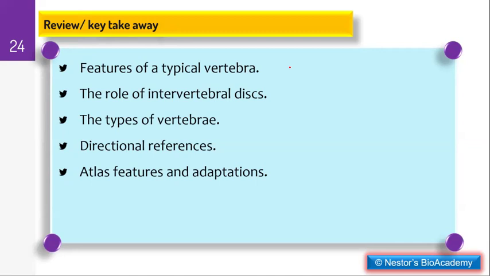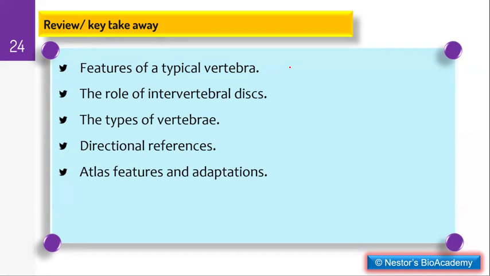We have said that between any two adjacent vertebrae, we always have a cartilage we are calling the intervertebral discs. Are you able to state the two important roles the intervertebral discs play? Very important. Are you also able to highlight the 5 types of vertebrae that we have and the various regions of the body where we find them?